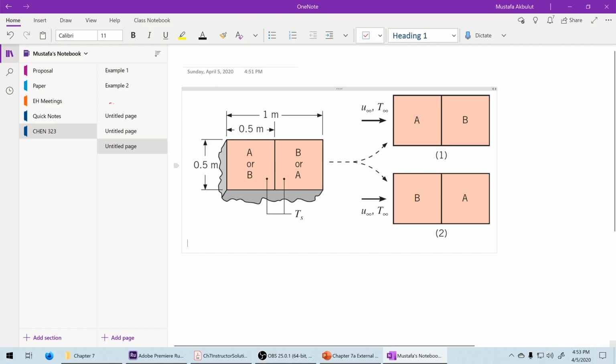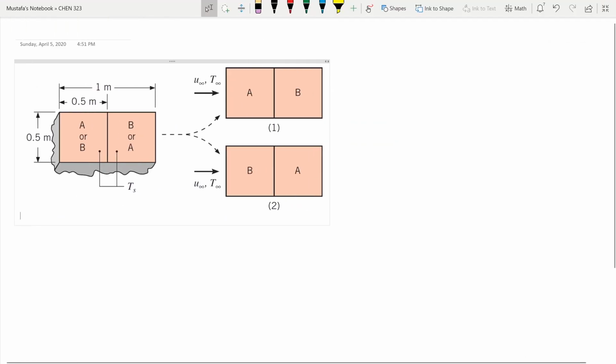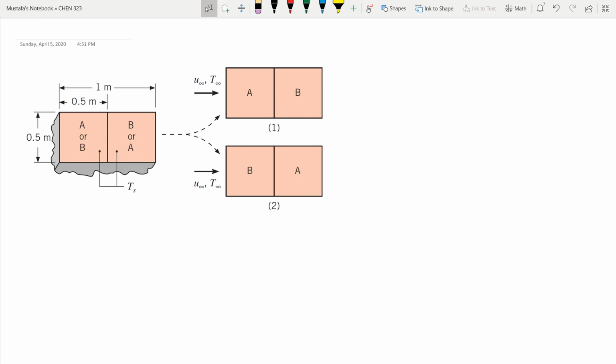So now let's solve this. So let's start to write down what we know about this. Start to write down the knowns here. So we know the surface dimensions and surface characteristics. One is rough, the other is smooth.